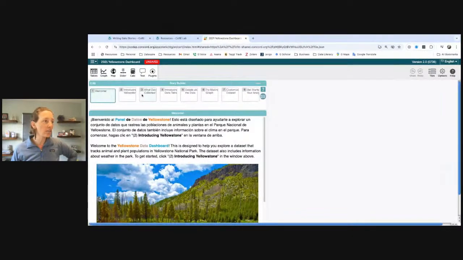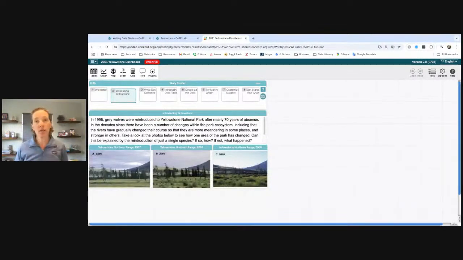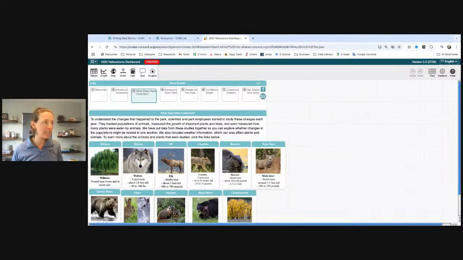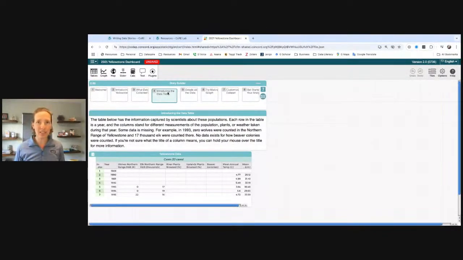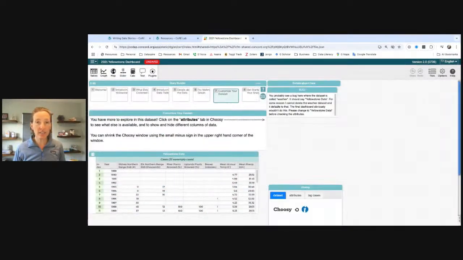It's got all of these resources helping students think about the context of the data, what data were collected, introducing the data table. So really walking students through how to make sense of it and then get to visualizing the data, customizing the data set to bring in which attributes, that filtering and simplifying based on what the story is we want to tell.